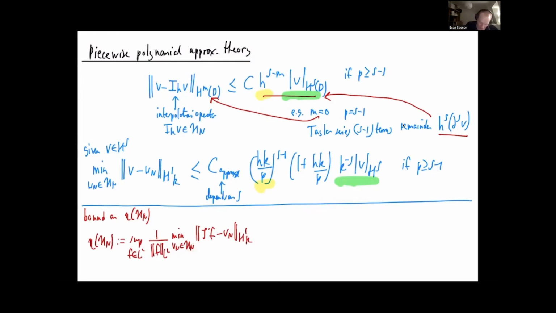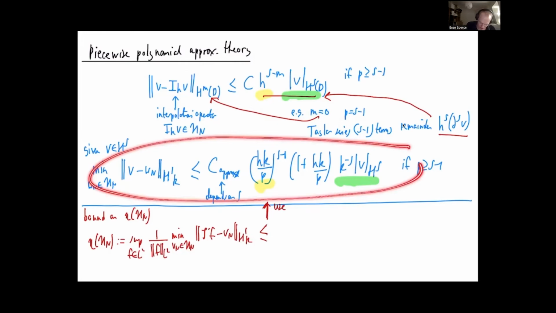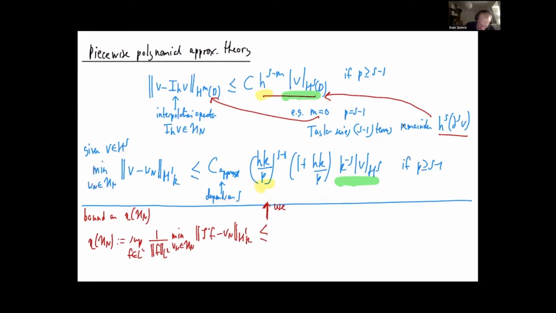Okay, now we're going to use this. So we use this piecewise polynomial approximation result with p equal to 1 because we're using piecewise linear basis functions, and s equal to 2, because p has to be bigger than s minus 1.